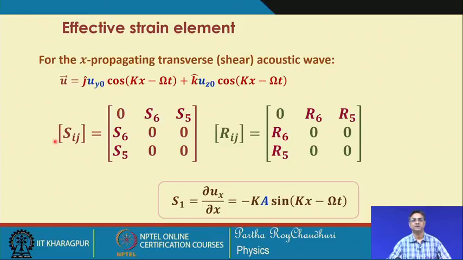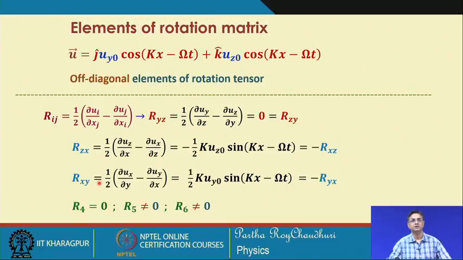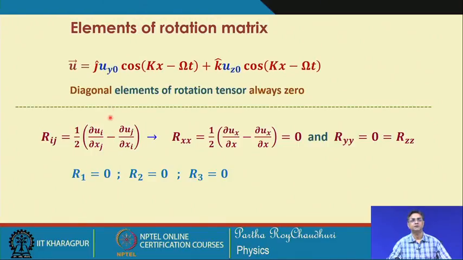So, if we consider only the strain, because throughout all our discussion we will not consider the effect of rotation, then for this particular case S 1, del u x del x, will be given by this, and for S 5 and S 6 we have seen how the values will be taken up.